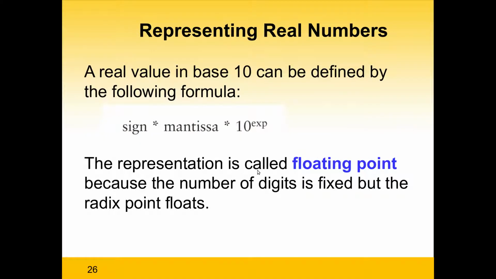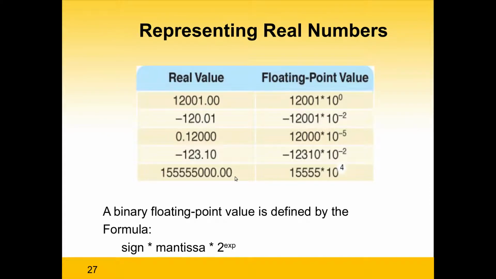The representation is called floating point because the number of digits is fixed, that's the mantissa, but the radix point floats. For instance, minus 120.01 in a floating point value will be represented by minus 12,001 times 10 to the minus 2, because we have moved the decimal point 2 places to the right.